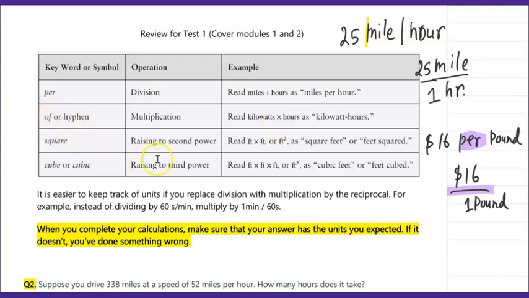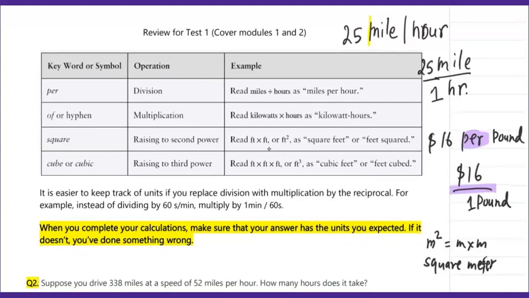Now another term you have to know is square. Square means you raise to the second power. If you square any unit, you get the square of the unit. For example, if you have a meter and you square it, this is technically meter times meter, and we call this square meter.